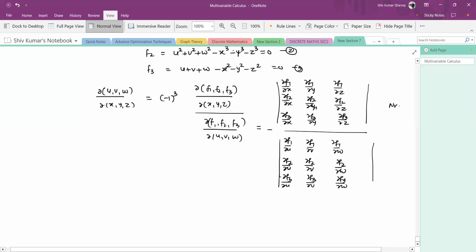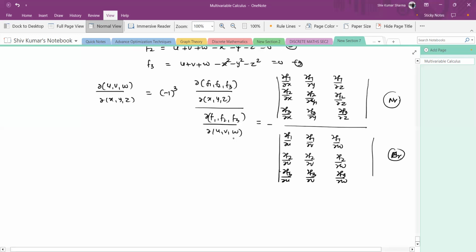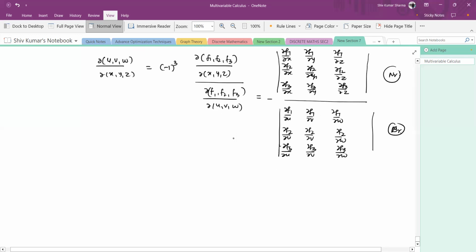Similarly, we solve the numerator and denominator separately. This is our numerator part, and this is the denominator. First we solve the numerator.